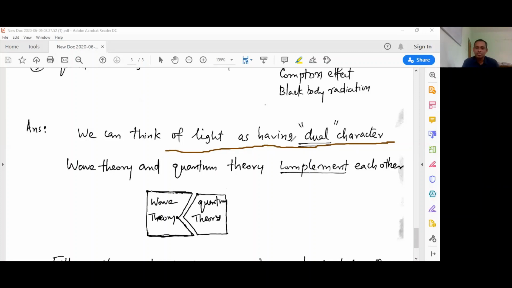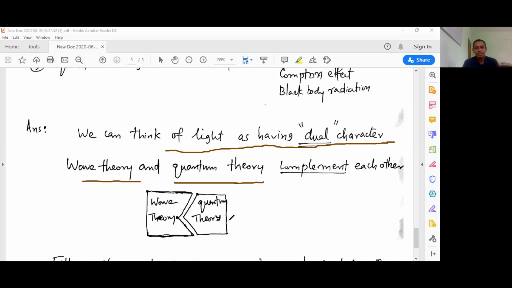It has both wave and particle nature. Both natures are ingrained into light. Wave theory and quantum theory, both theories are required to explain all the effects of light. They complement each other. When wave theory is not able to explain the photoelectric effect, quantum theory comes in.